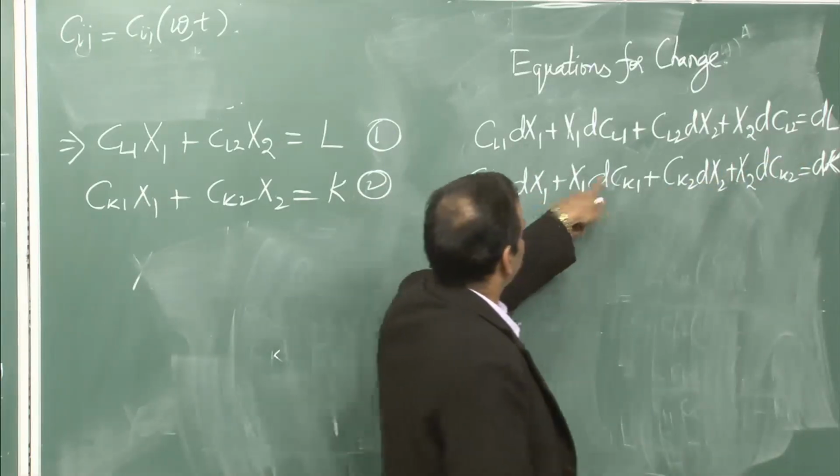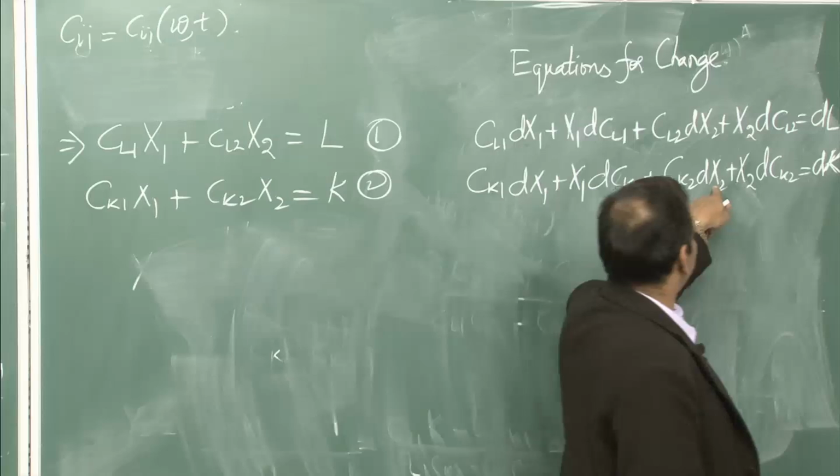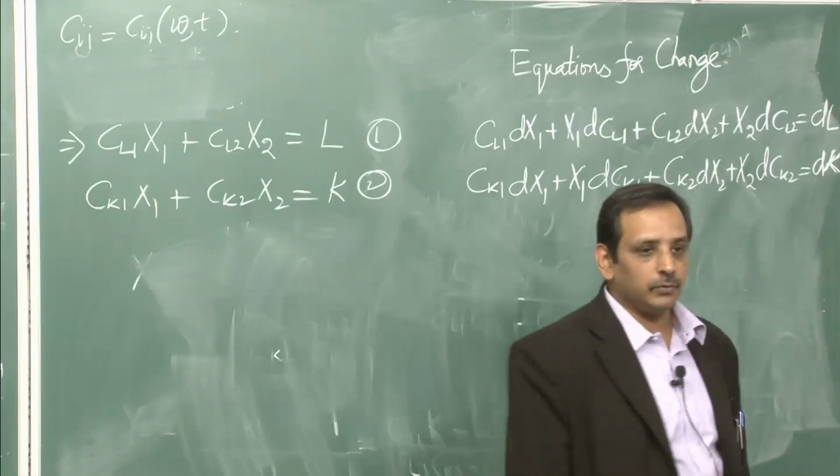Ck1 dx1 plus x1 dCk1 plus Ck2 dx2 plus x2 dCk2 is equal to dK.